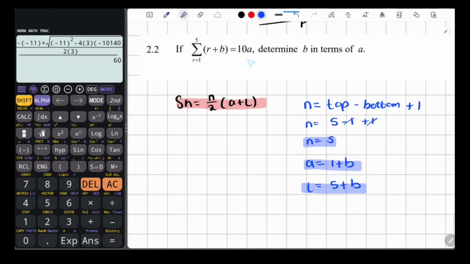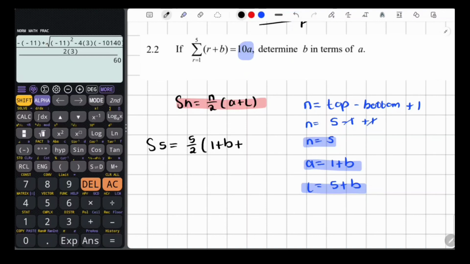So let's just put this in the formula. We know Sn, the sum of these 5 terms, is going to be equal to 10a. I'm actually just going to copy from here. So S of how many terms? We have S of 5 terms. S of 5 is equal to n, which is 5, over 2, and then a is this, 1 plus b, plus L, which is 5 plus b.